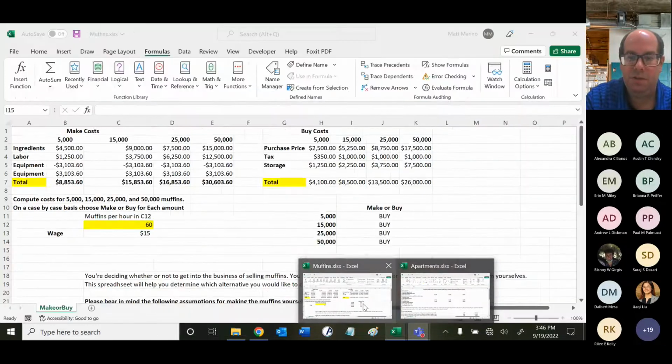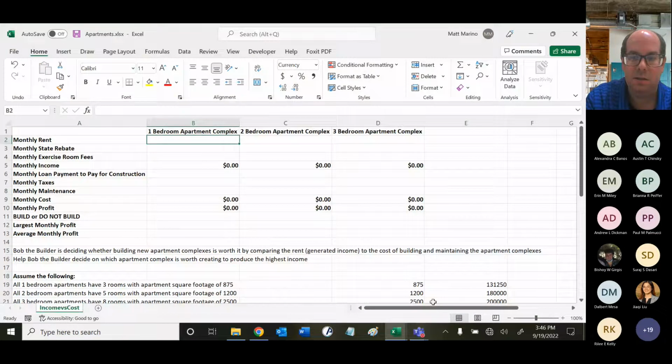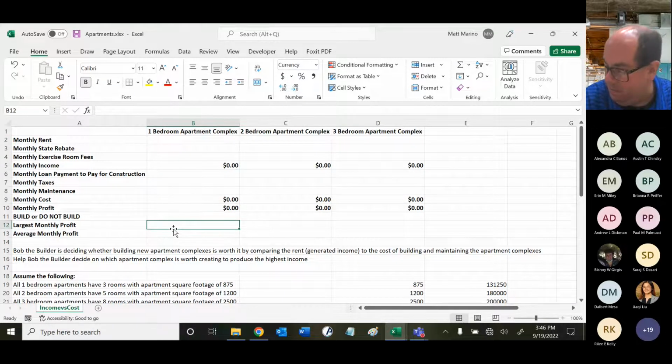Okay, so once you finished up your buyers or make with your muffins, open up the apartments example, and I'm gonna have you do the largest and average formulas real quick because it's already 3:45.